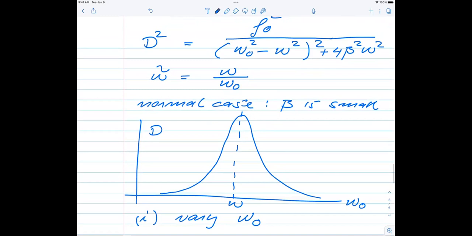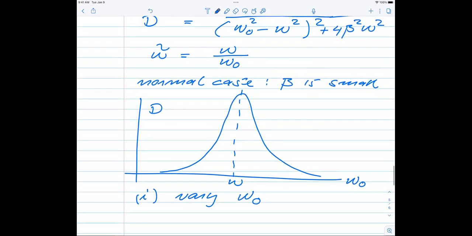And you can see from the denominator here that if the denominator is small, which means when omega is equal to omega 0, you get just 1 divided by something which is small, beta squared. And that means that this result will actually peak. This is normally called a resonance in physics.